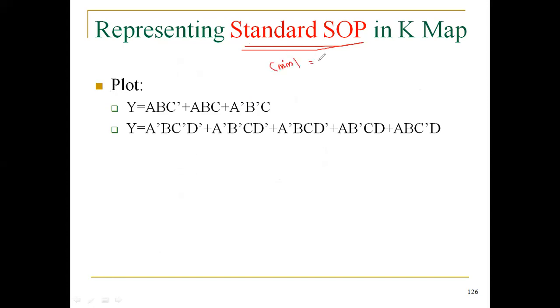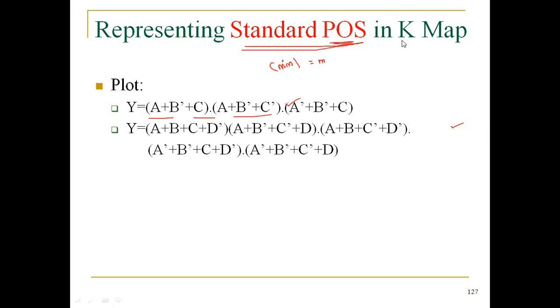It is represented by using small m, and this is sum of products. All the products are summed together. This is one example, y is equal to this, and another example, y is equal to this, by using four variables.